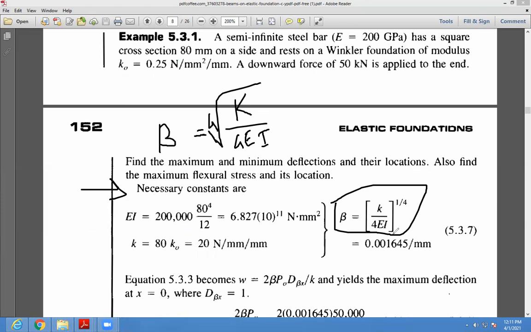Check whether it is 0.001645 per mm. Correct, sir. Okay.